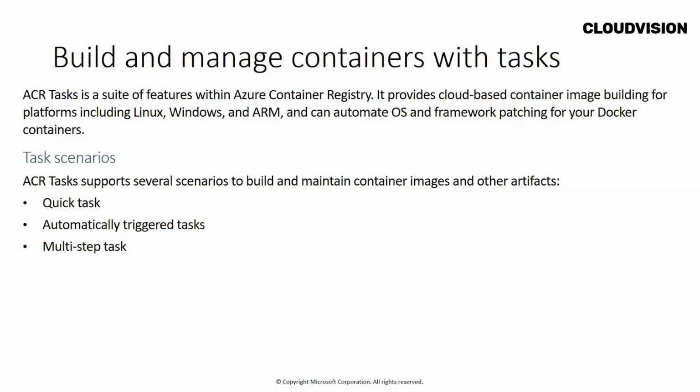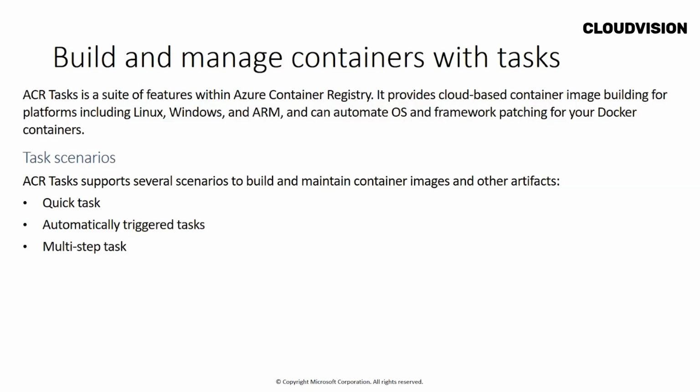Now let's take some scenarios to understand this in more depth. ACR Tasks supports several scenarios so that you can build and maintain your container images and other artifacts. First is the quick task. Let's say you are building and pushing a single container image to a container registry on demand in Azure without needing a local Docker engine installation.